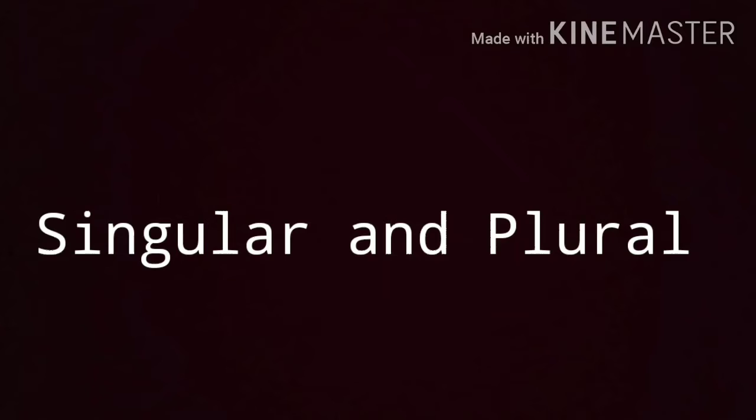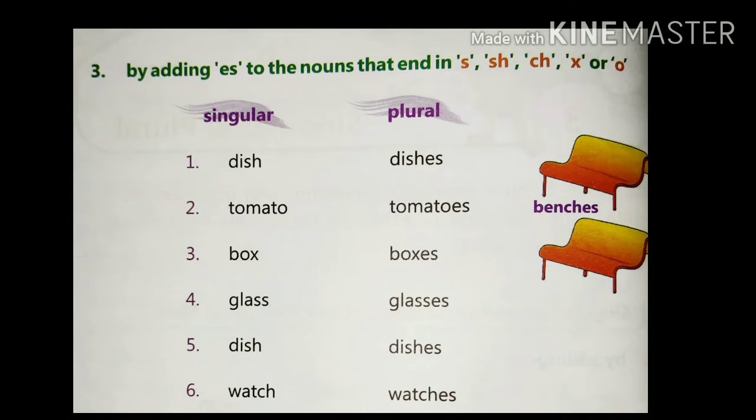So in this video I'm going to take the third rule, that is by adding es to the nouns that end in s, sh, ch, x or o.